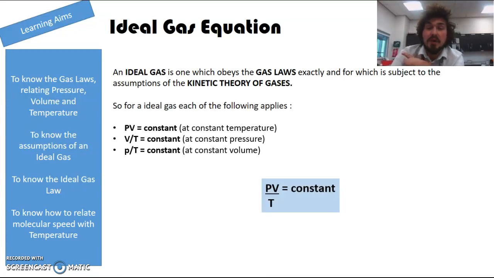It follows then that PV over T should be a constant for a gas that is not changing a great deal. But yeah, it is. PV over T is a constant for one gas, where you don't reduce the number of molecules present or change anything physical about it. You change its pressure and its volume and its temperature, and they'd be related like that.